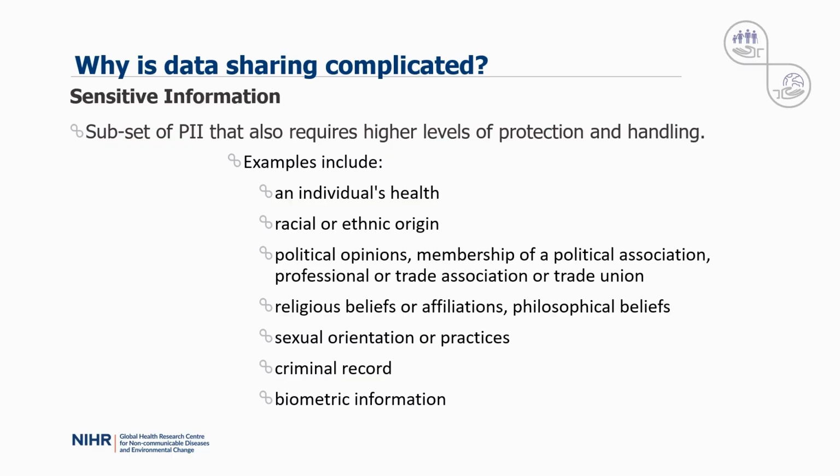This list is by no means extensive, and the recommendation is that you check what the PII and sensitive data definitions are for the countries within which you are operating.